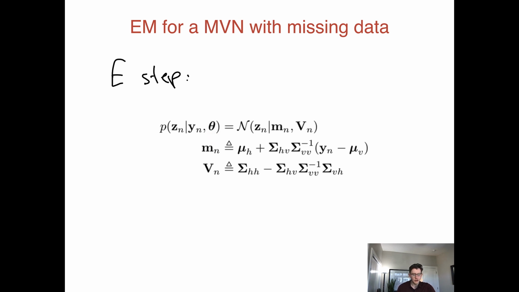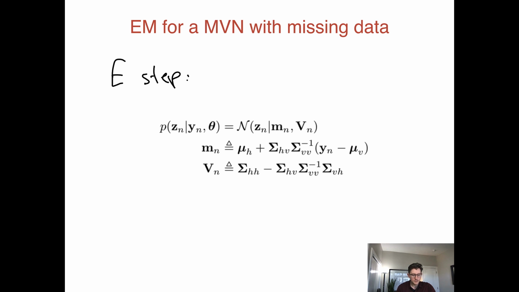That's kind of a convention. We use the non-Greek letters for what we get from our sample. But note that m and V are mean and covariance values of this particular normal distribution. It turns out that it ends up equaling this.